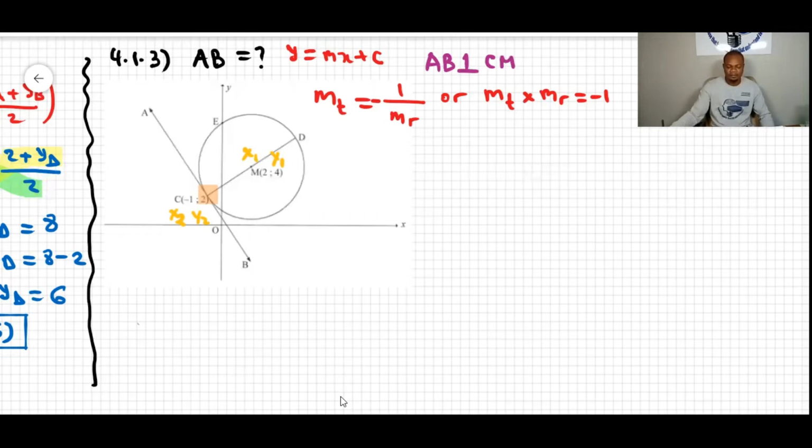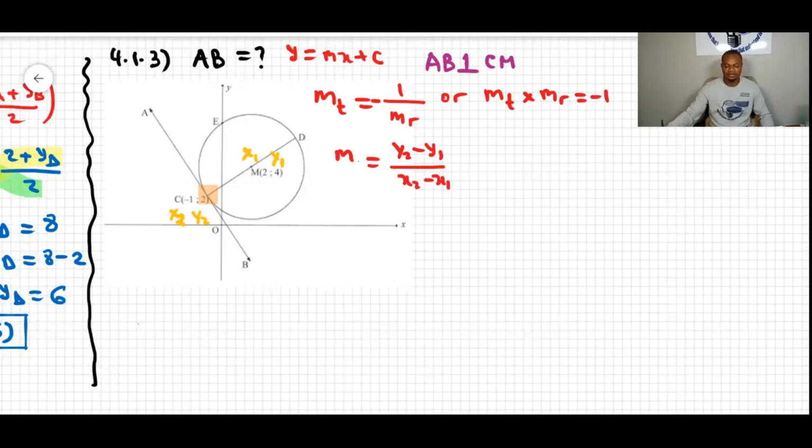Now, let's first work out the gradient of the radius, m_CM. The gradient is given by the change in y over the change in x, that is, y2 minus y1 over x2 minus x1.